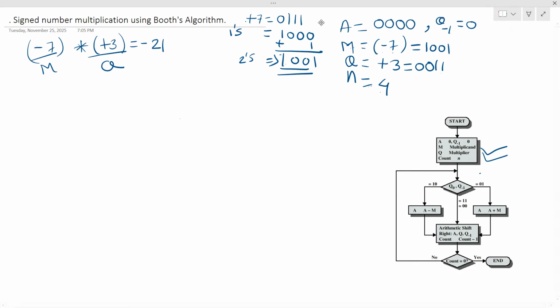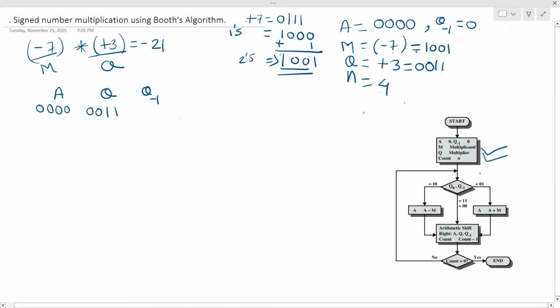Now, to start the second step, we represent A, Q, and Q minus 1. A is 0000, Q is your multiplier, which is 0011, and Q -1 is 0.